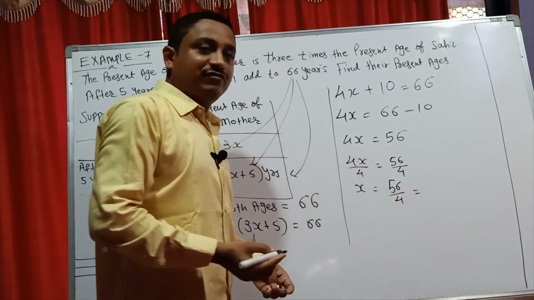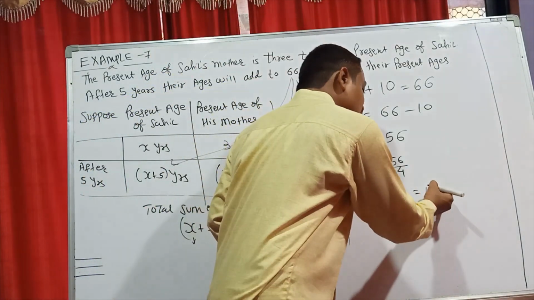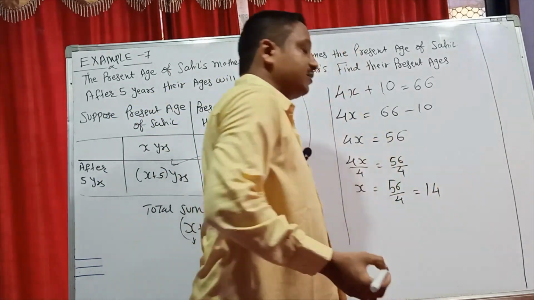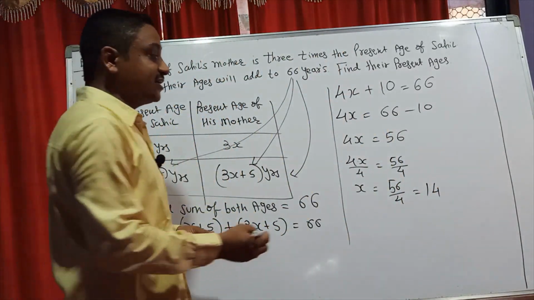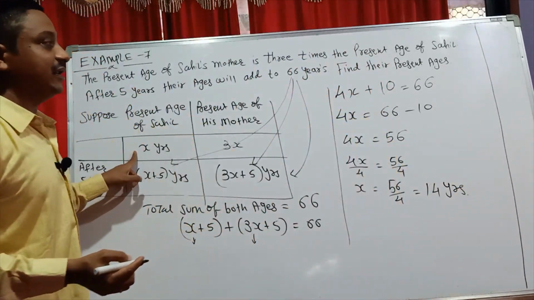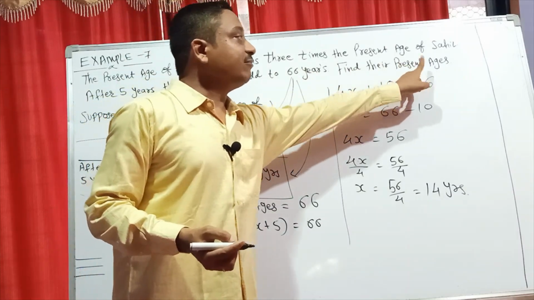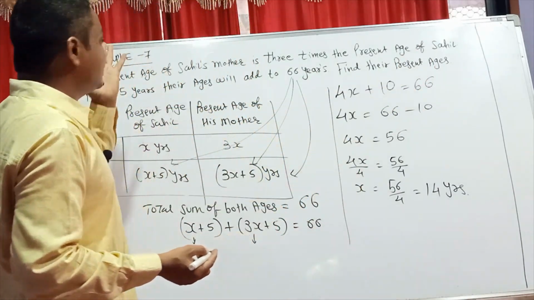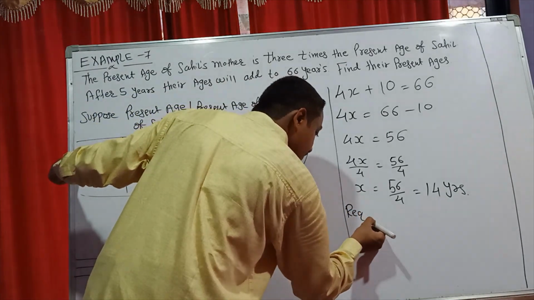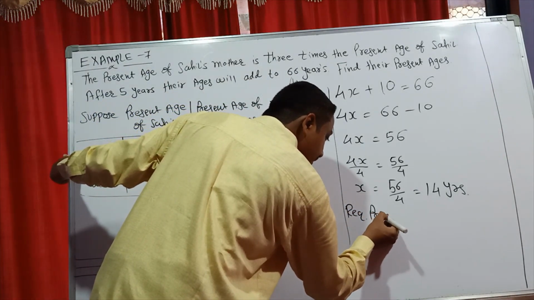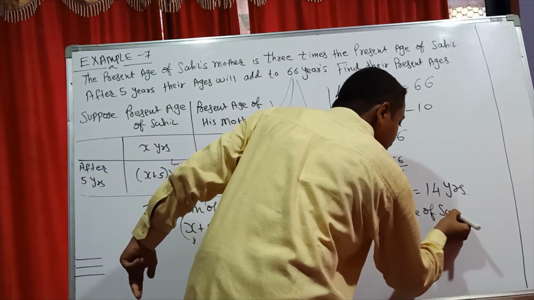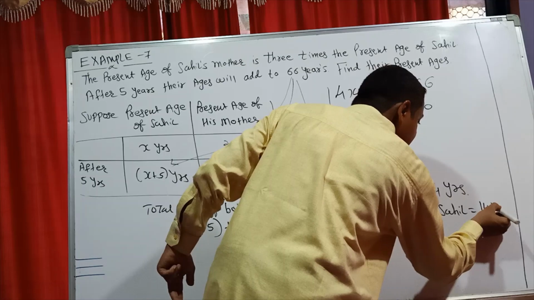You know how much is 56 by 4? Yes, 14 4s are 56. So 14 years is the present age of Sahil. And the question reads, find their present ages. It means Sahil's age and his mother's age, both. So the required present age of Sahil is 14 years.